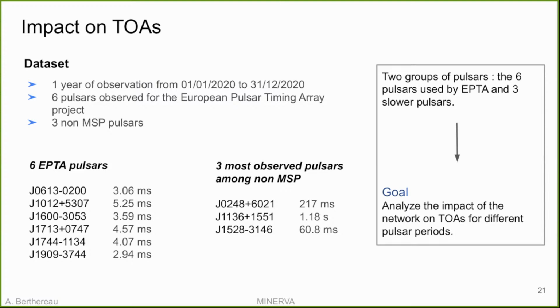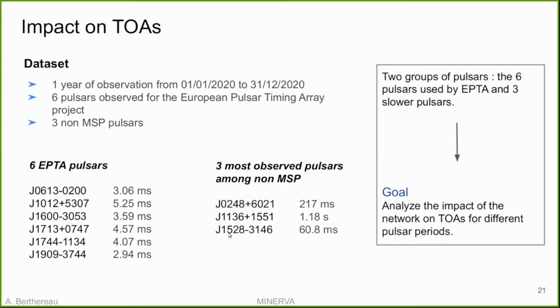So the 6 EPTA pulsars that are shown here are great pulsars that are observed for a long time, and we have a lot of observations for them. We then have the 3 MSP pulsars that have been chosen because they are the most observed pulsars that are not MSP in NANCAY.